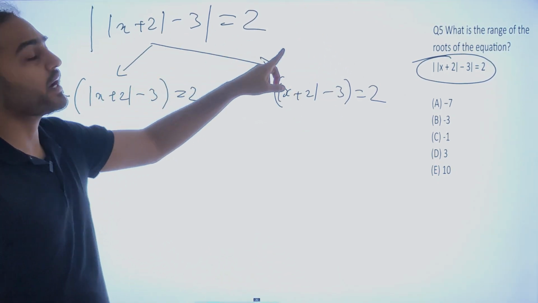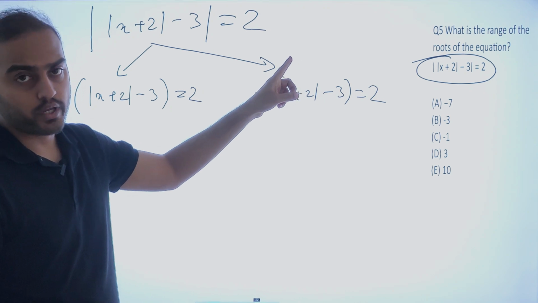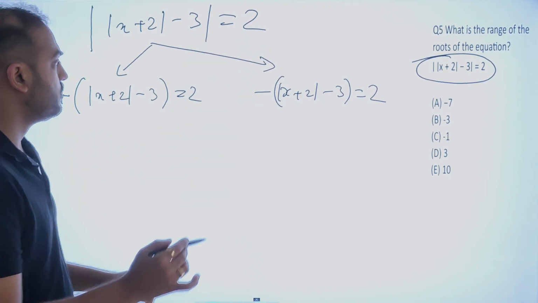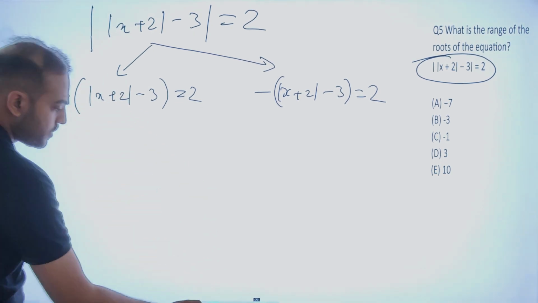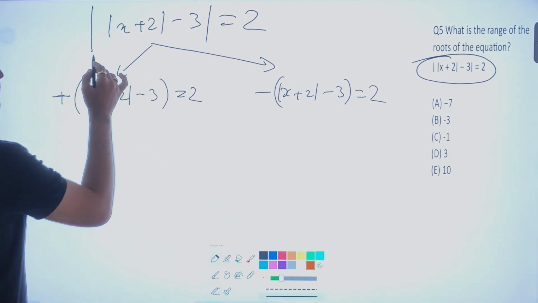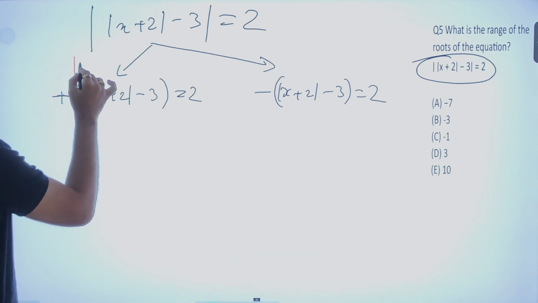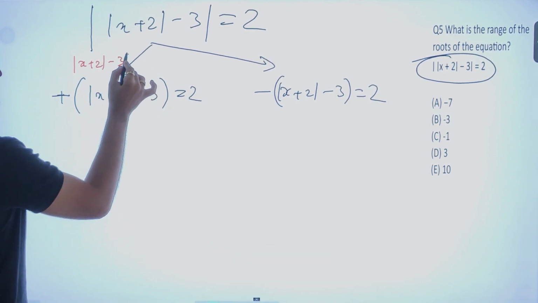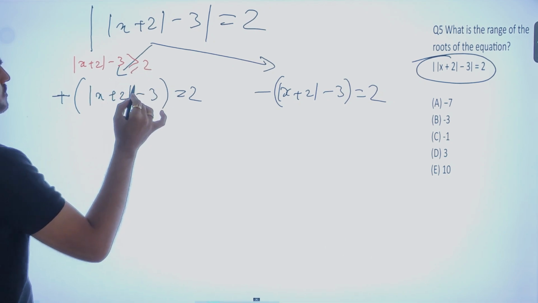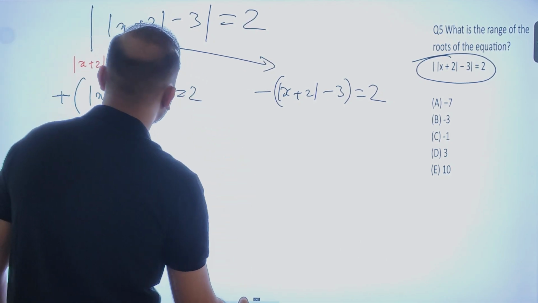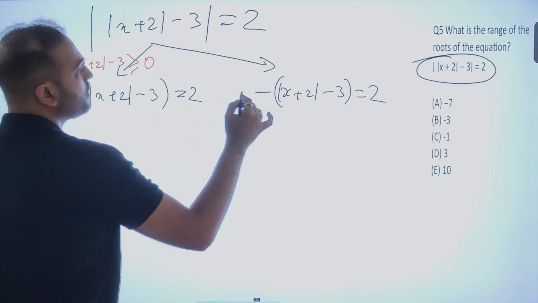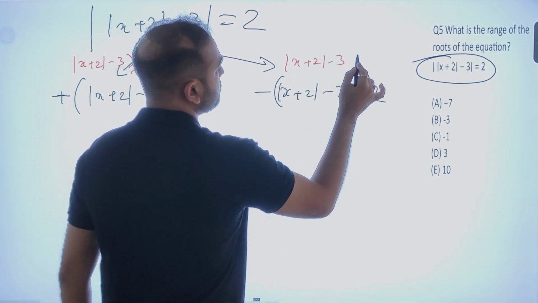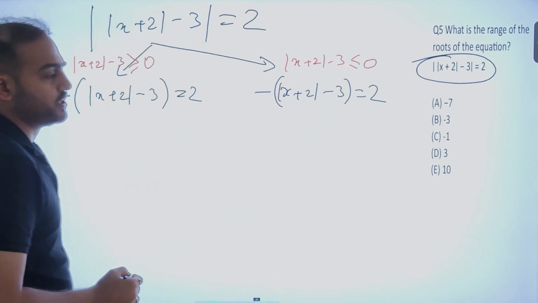Again, you have to write down the condition, or else you can simply verify the answer in the end. The condition here will be the entire modulus, modulus of x plus 2 minus 3, greater than equal to 0, or modulus of x plus 2 minus 3 less than equal to 0.